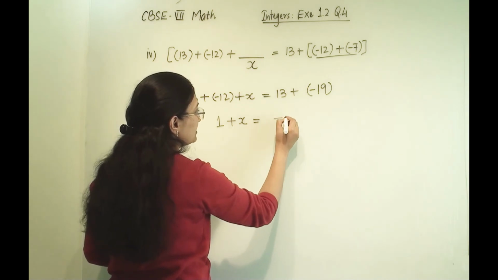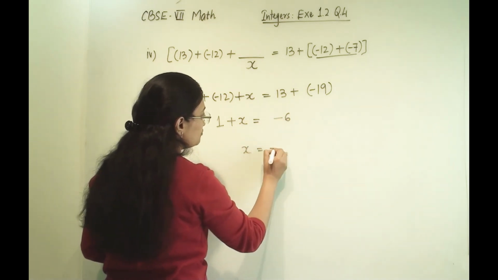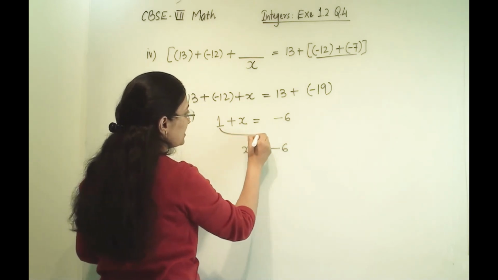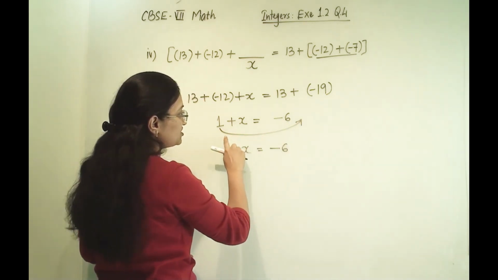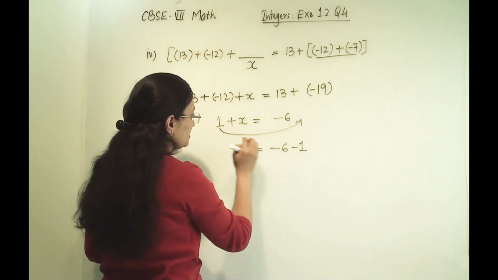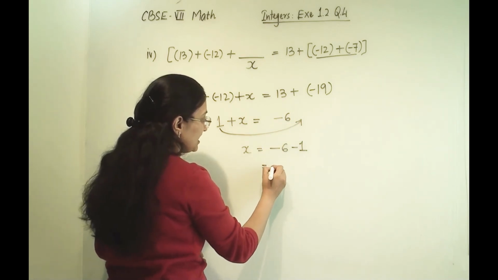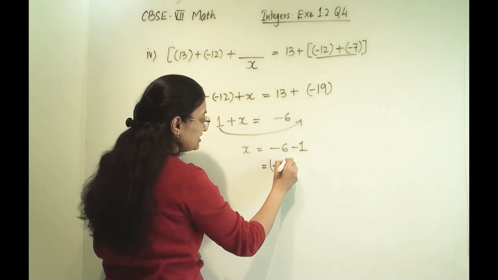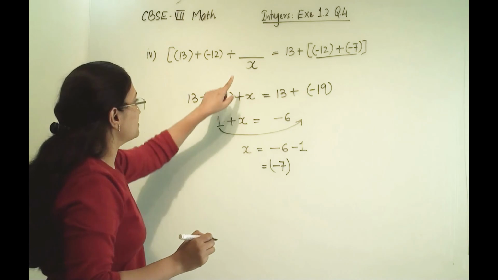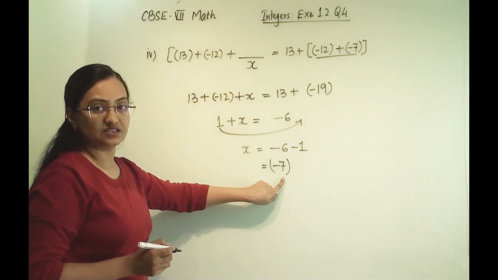So we get minus 6. So 1 plus x equals minus 6. This 1 we are taking over to this side, we are changing the side of 1, so it is going to be minus 1. The positive 1 will become minus 1. So here x equals what we got here, minus 7. So the answer for this blank is minus 7.